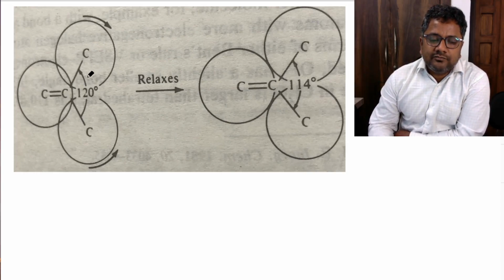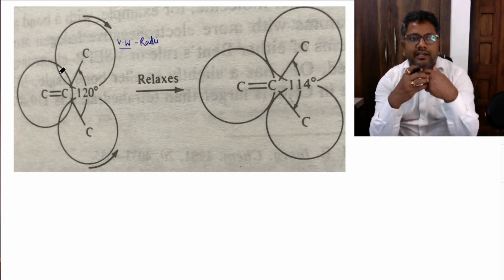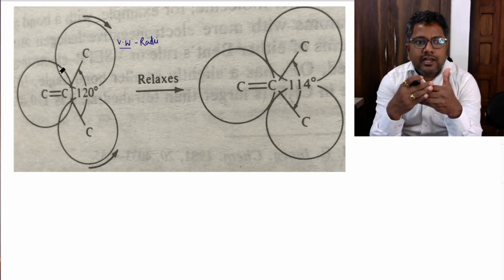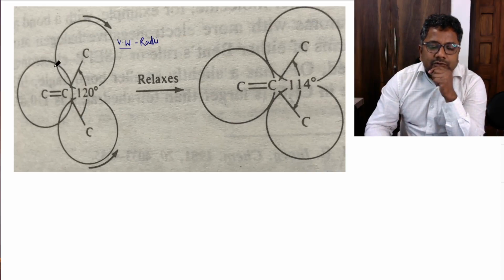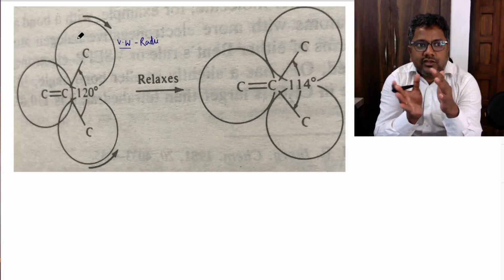What I have shown here in this figure, the circle shown here is the van der Waals radii. So see this van der Waals radii, now it is overlapping to each other. So to relax, to decrease the energy, both bonds are compressed.